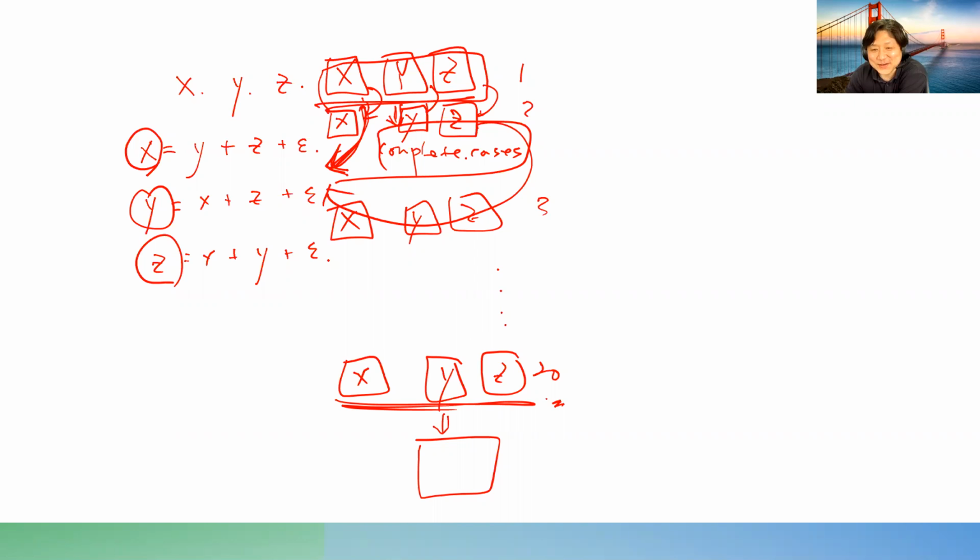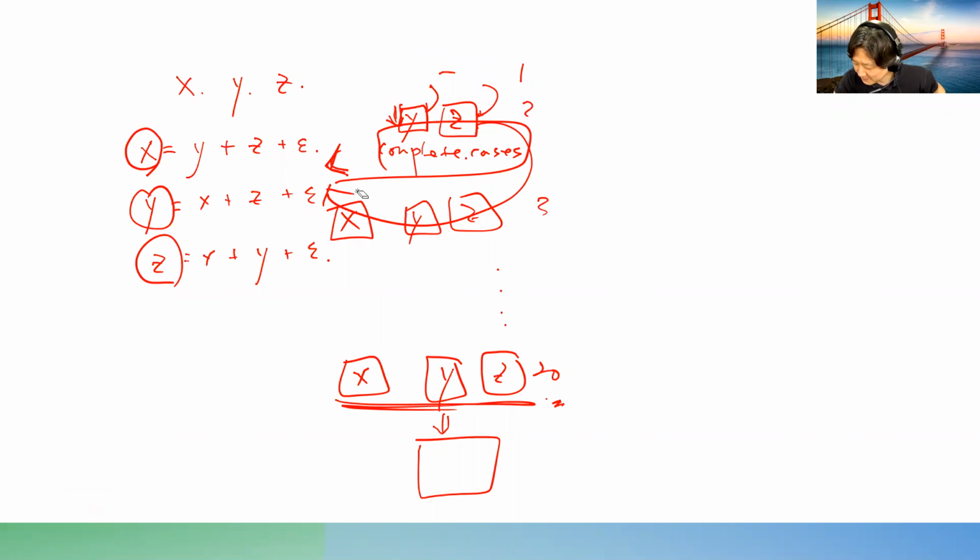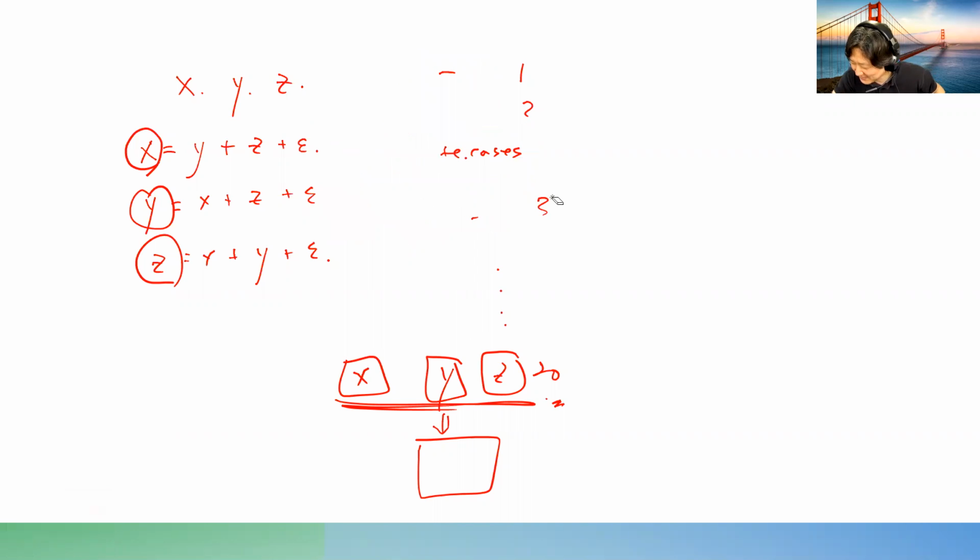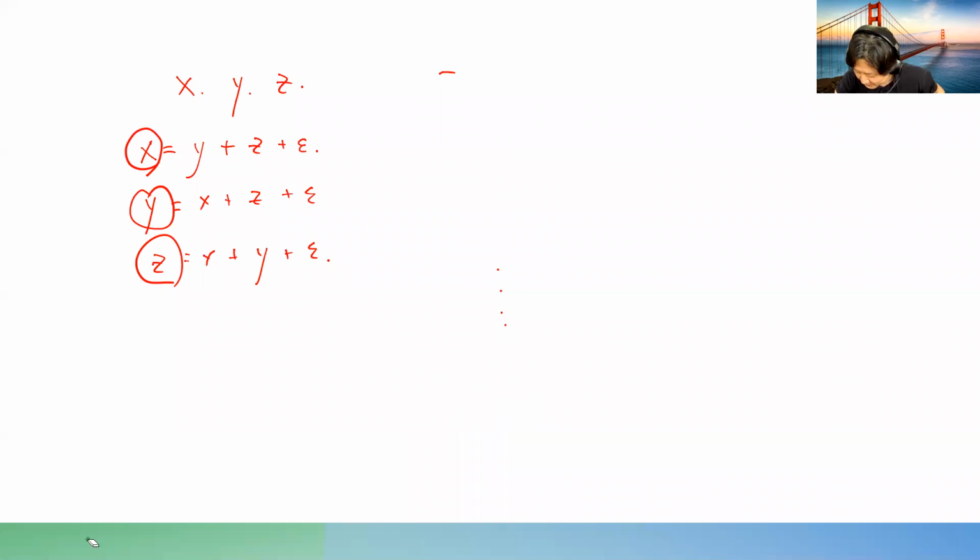Do you guys follow? Let me explain one more time. I know this is a little bit complicated process. We have three initial variables, and they have missing values.